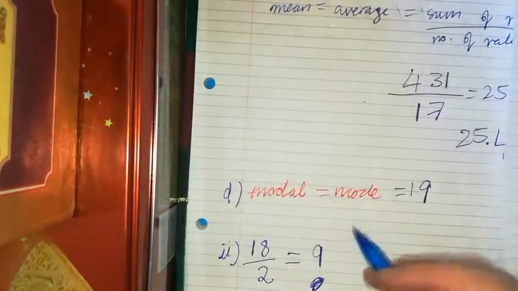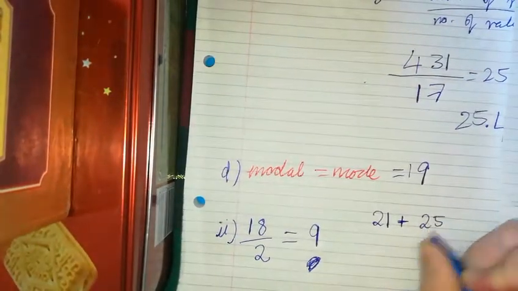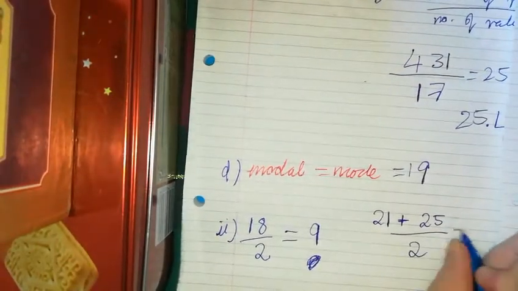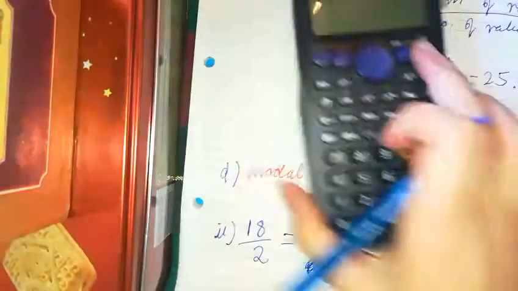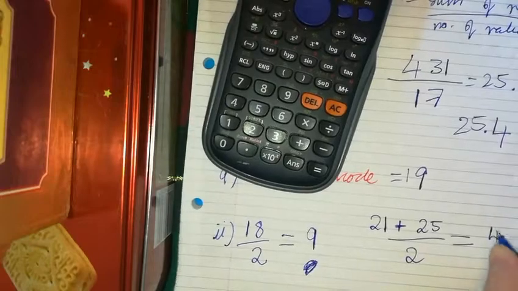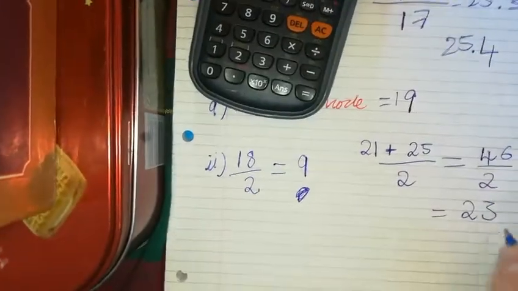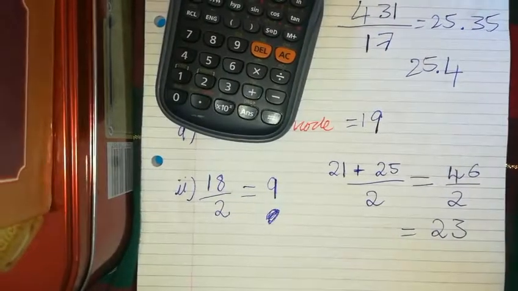So my 9th value is 21, and my 10th value is 25. And I have to divide those by 2. So 46 divided by 2, and I get that my median value is 23.